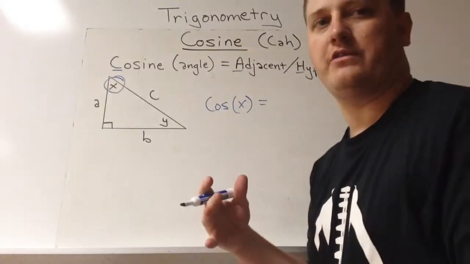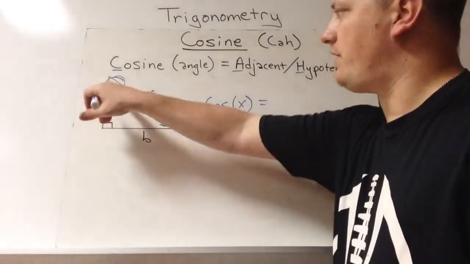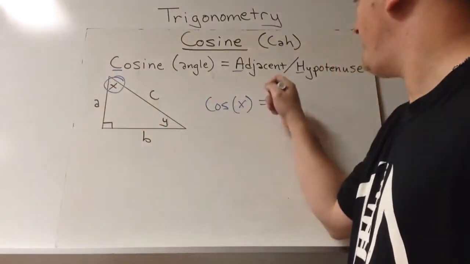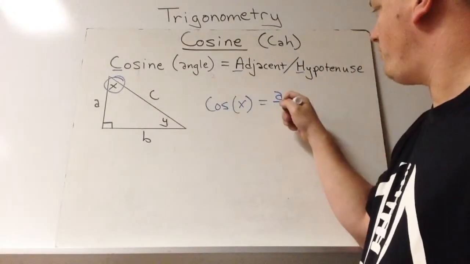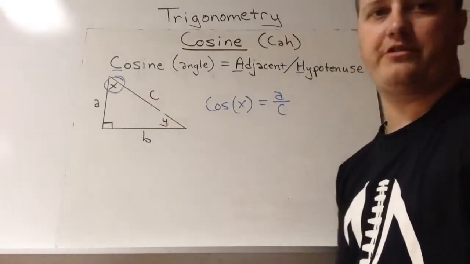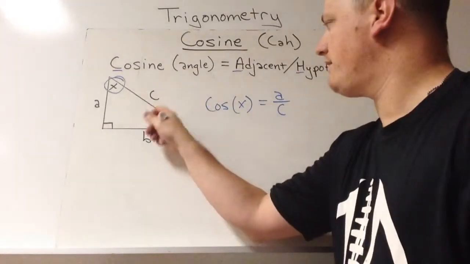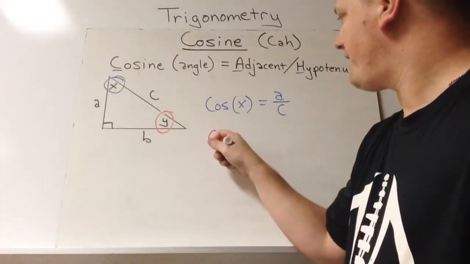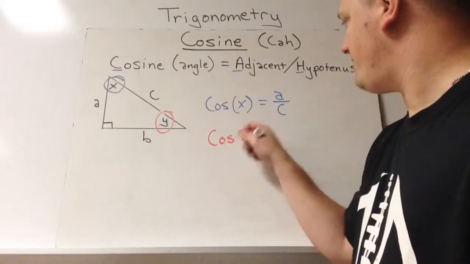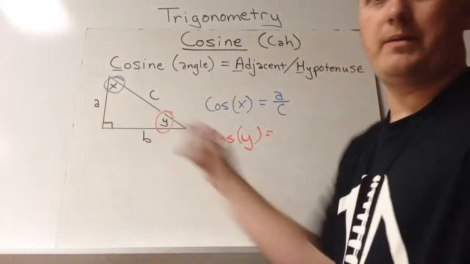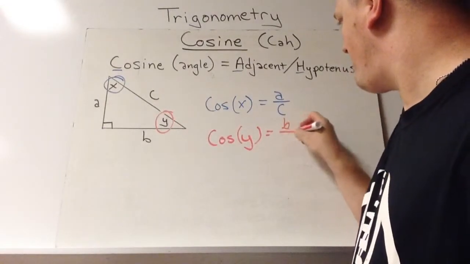The hypotenuse doesn't count as an adjacent, so here's our x. Adjacent means next to, so A would be adjacent, and then over the hypotenuse, which is still C in this situation. If we're dealing with y here, cos of y, and here's y, adjacent would be B over C.